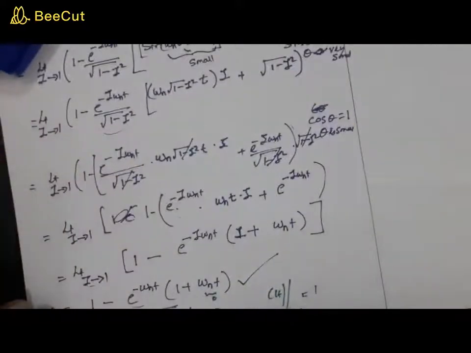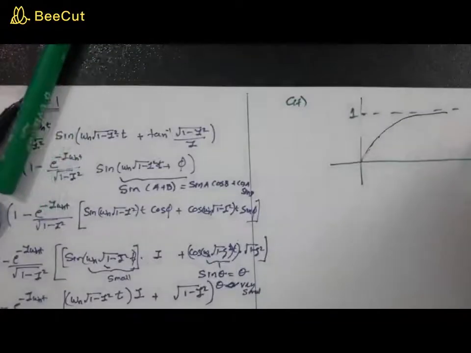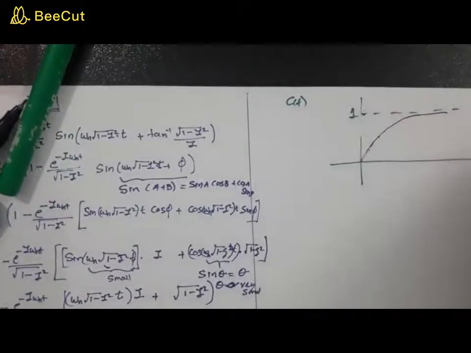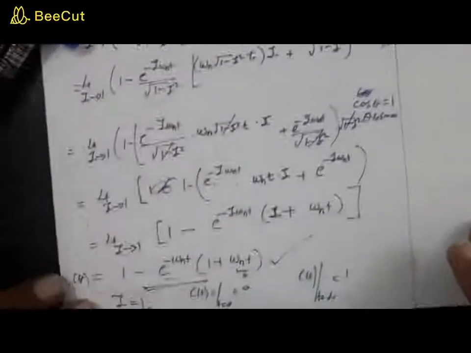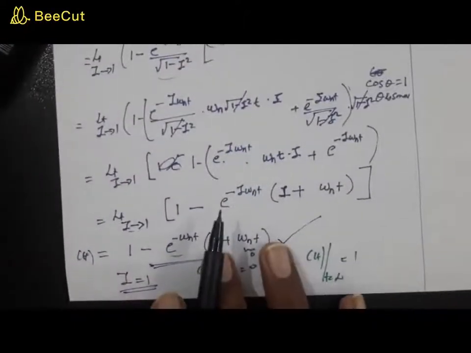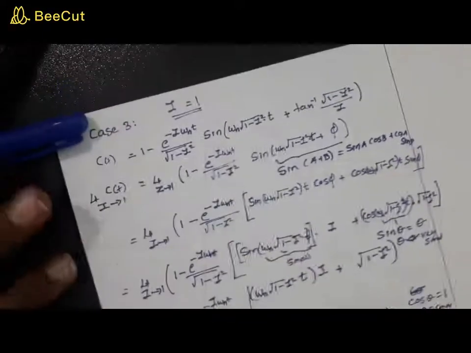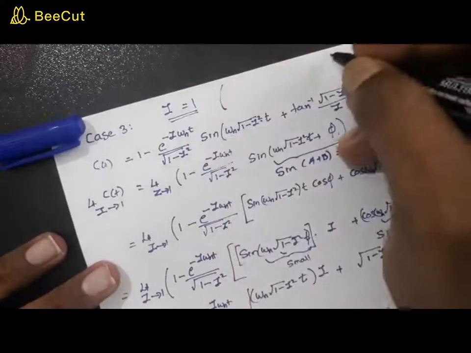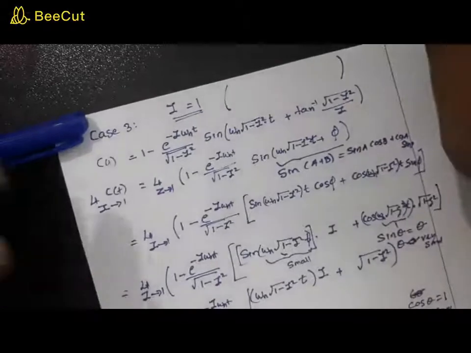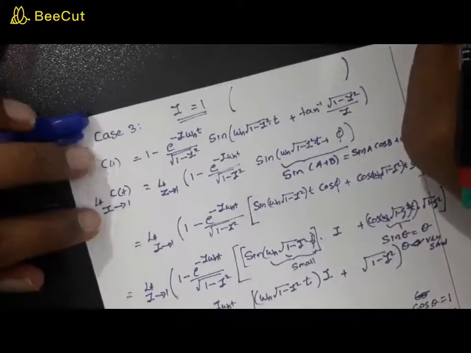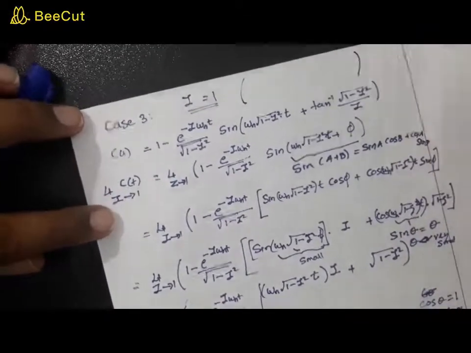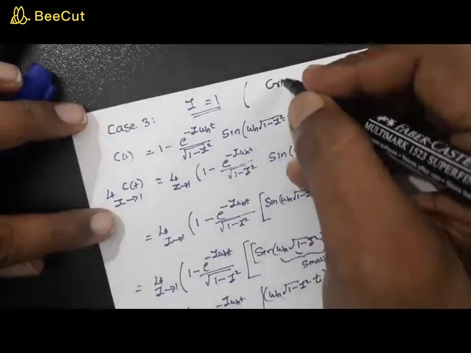So under this condition there is no oscillation, but it reaches the steady state. What is the condition where theta is equal to 1 called? This is called the critically damped response.